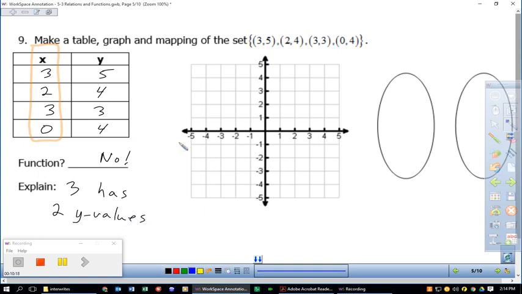All right, so if I plot these, we have 3, to the right 3 and up 5, to the right 2 and up 4, to the right 3 and up 3, 0, 4. Okay, and there's also another way we can tell if this is a function based on looking at it. So 3, 2, we've already written 3, and 0.